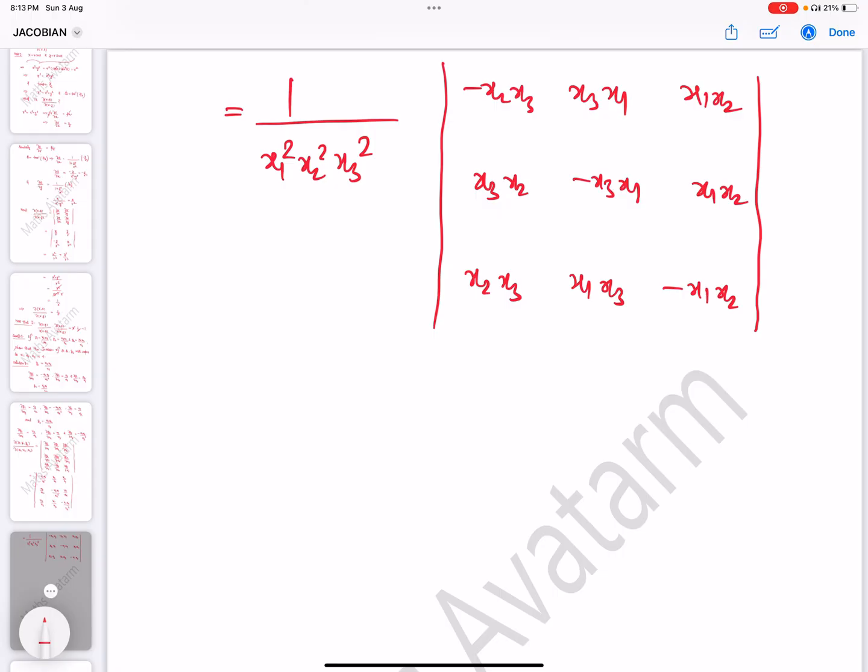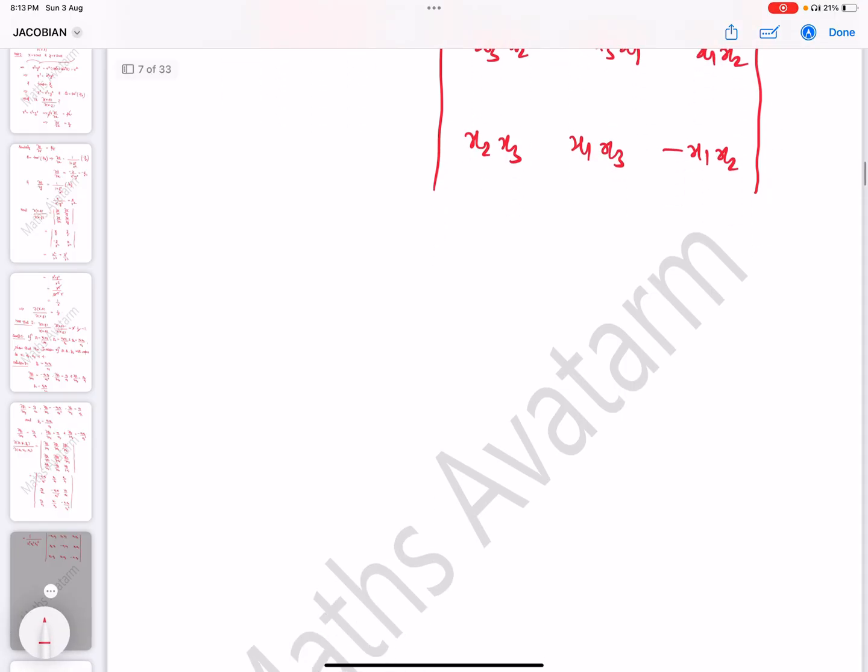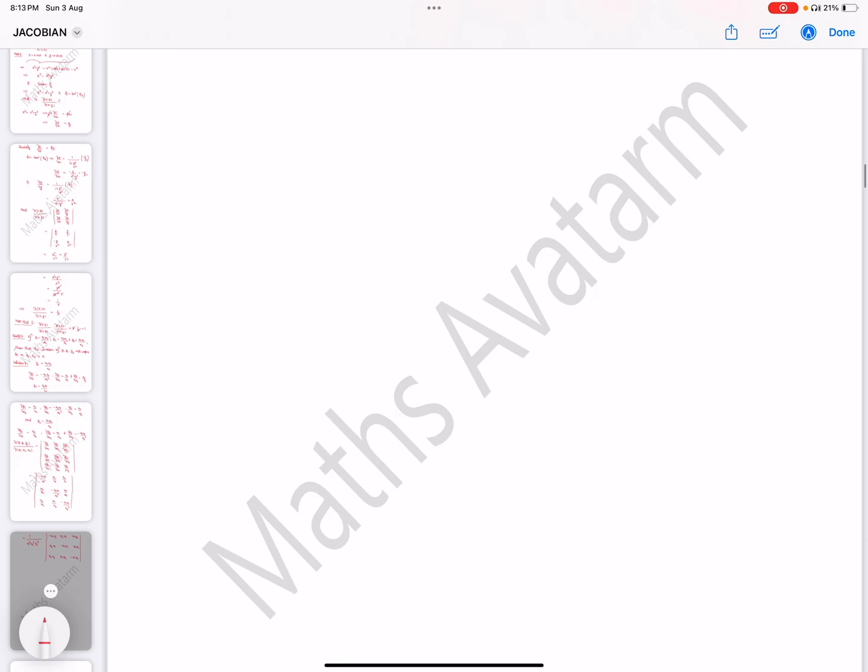So now what you will do? You take common: in the first column we can take x2 x3 common, in the second column x3 x1, and in the third column x1 x2.